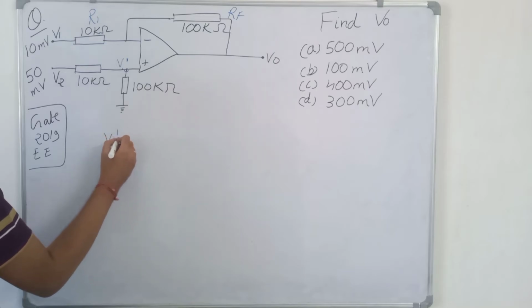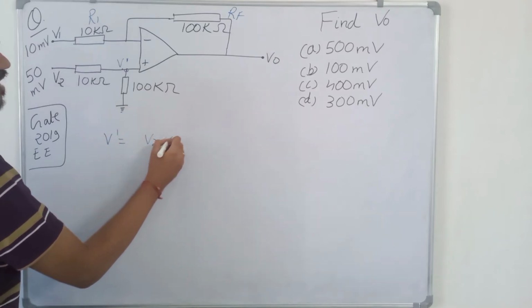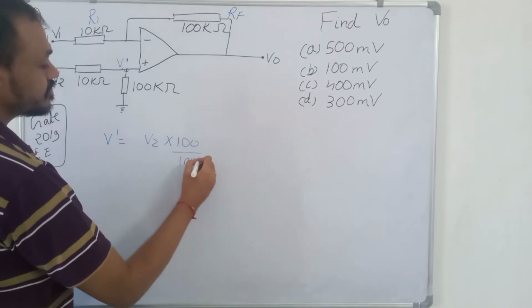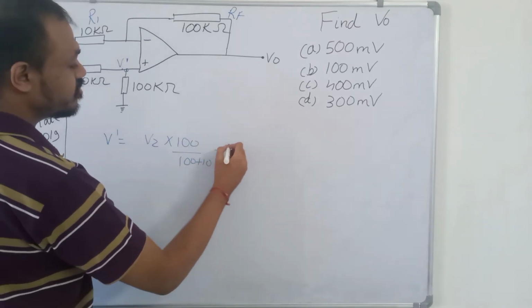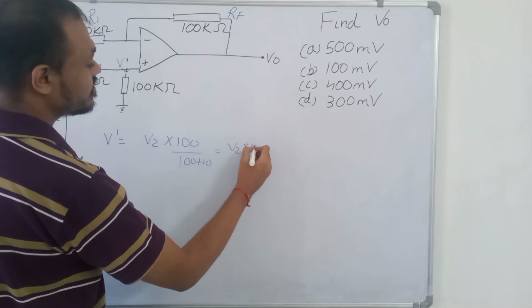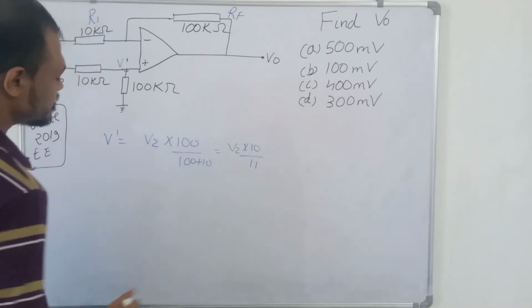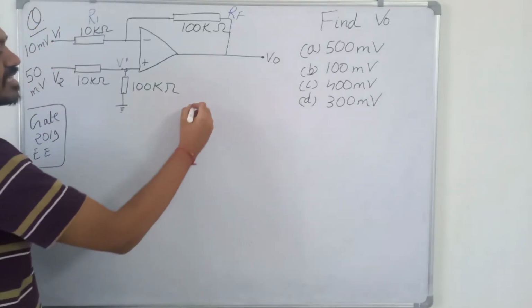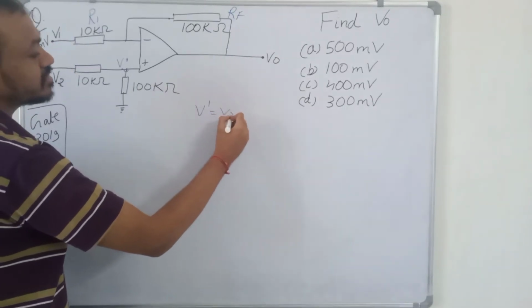So V dash will be equal to V2 into 100 upon 100 plus 10, which is equal to V2 into 10 by 11. So V dash is equal to V2 into 10 by 11.